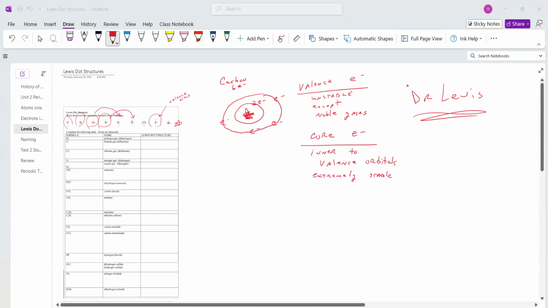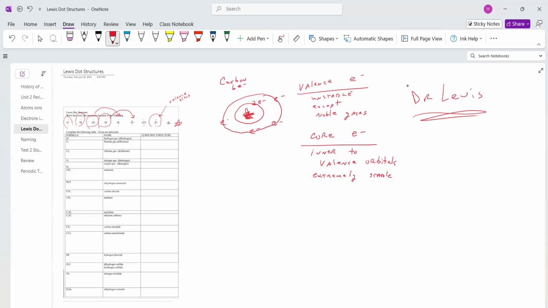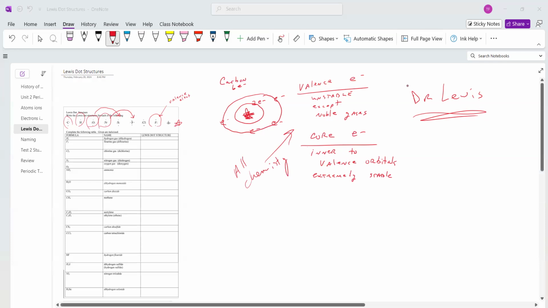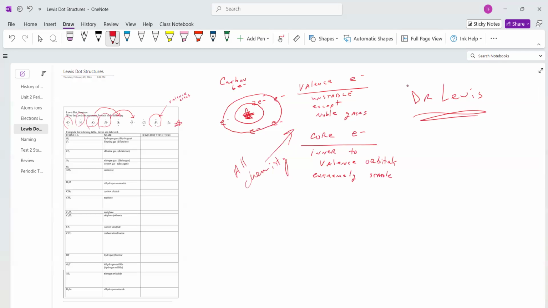We've got valence electrons, core electrons. We're not going to talk much about the core electrons. We're going to talk a lot about the valence electrons. All the chemistry is valence electrons.